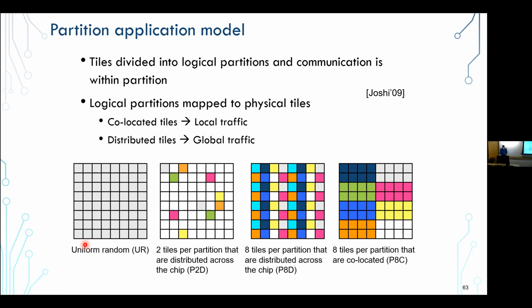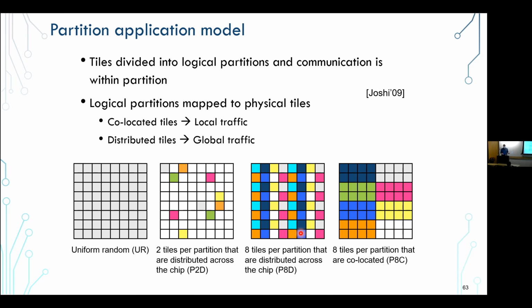For example, if I have two tiles that are grouped, is it best to group them locally, or do I group them across the chip? If I do an 8 tiles partition, how do I do that? Do I have them all grouped like this, or do I have them as a group like this, right?